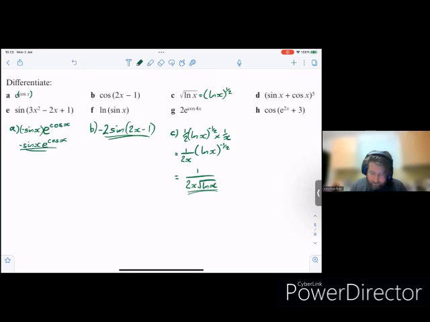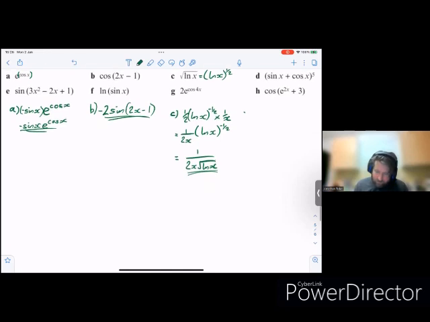D. Okay, so for part D, I think I'm going to go onto a new line because it looks quite long. So we treat this as if it's just x to the 5, so it becomes 5 sine x plus cos x to the 4.